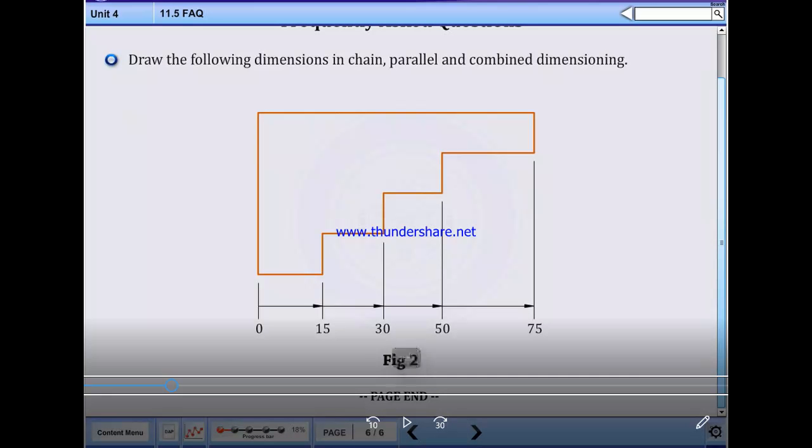Now do this one also. Draw the following dimensions in the chain, parallel and combined dimensions.